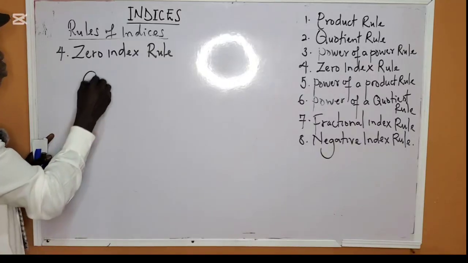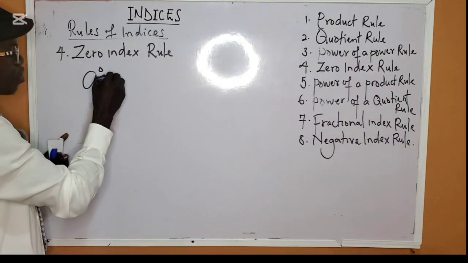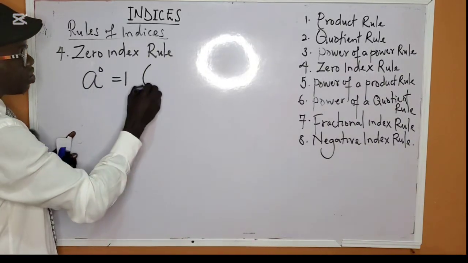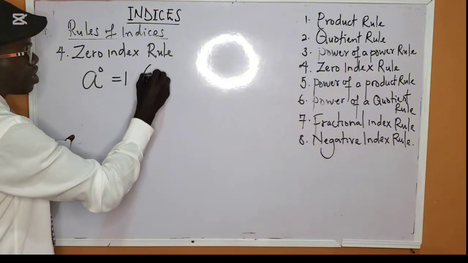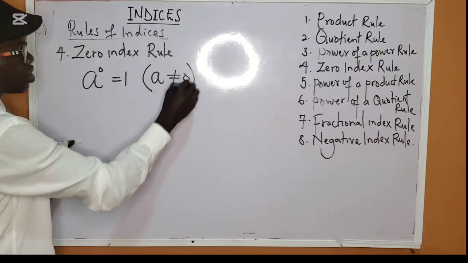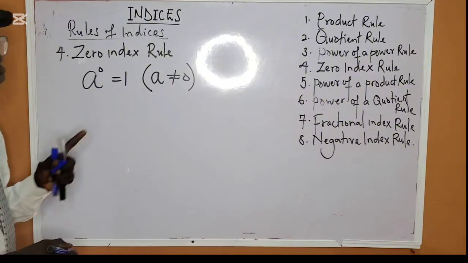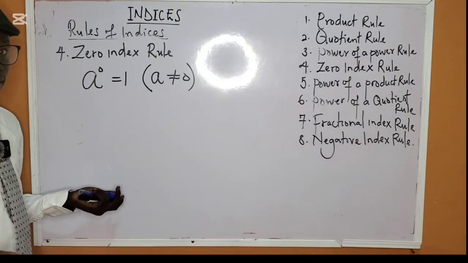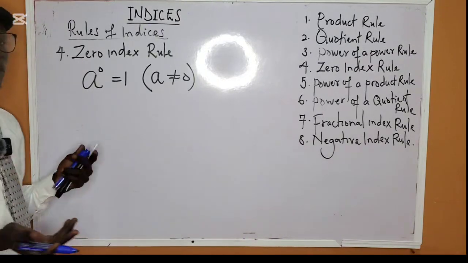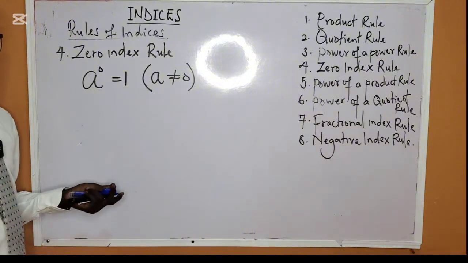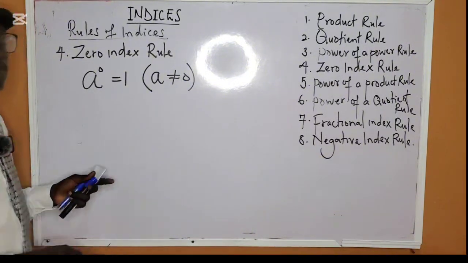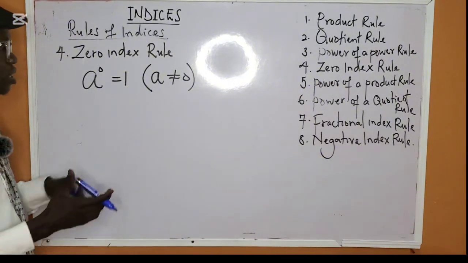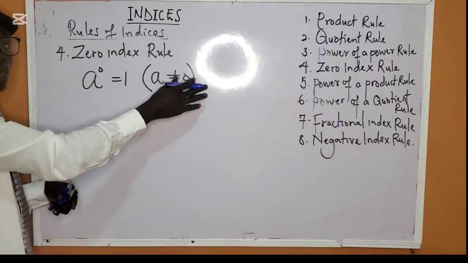A raised to the power of 0 equals 1, such that a is not equal to 0. So it is very wrong for you to say any number raised to the power of 0 will give us 1. If you say any number raised to the power of 0 equals 1, it is incorrect, because 0 is a number. Therefore, 0 raised to the power of 0 cannot give us 1. It is only numbers that are non-zero.